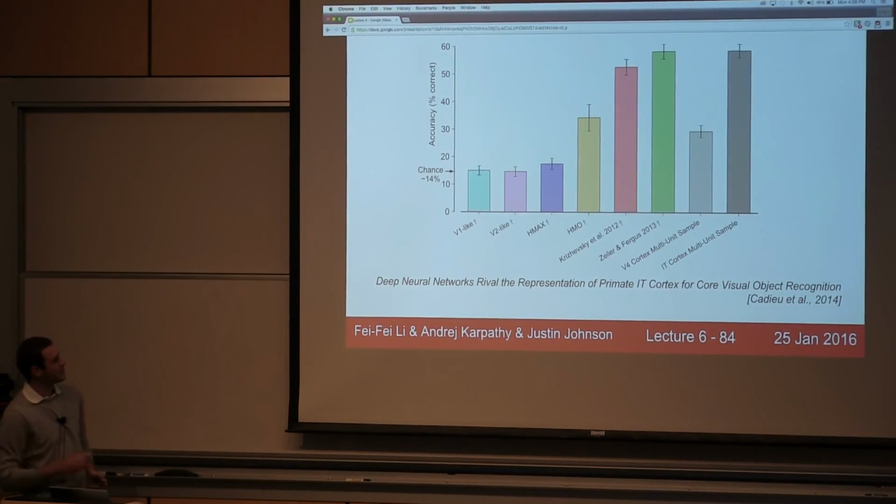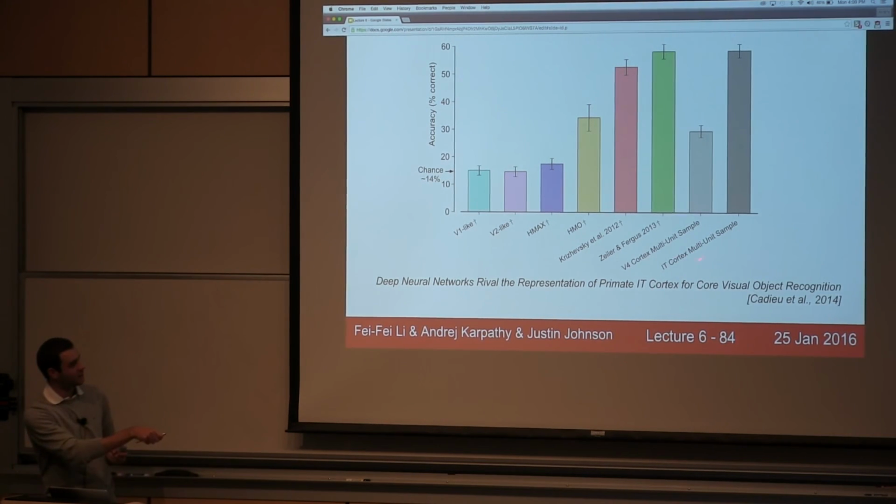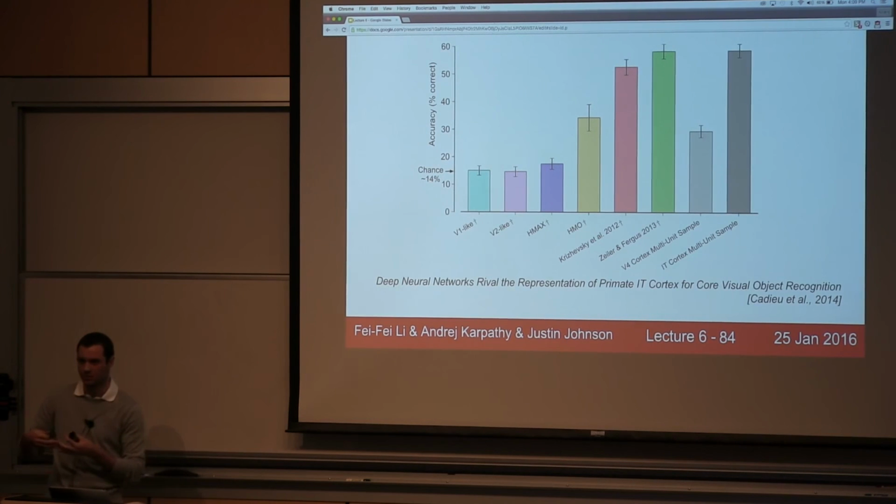I also wanted to point out something interesting: there's this paper called Deep Neural Networks Rival Representation of Primate IT Cortex for Core Visual Recognition. What they did here is look at, I think, a macaque monkey, and record from the IT cortex. They record the neural activations as the monkey is looking at images, and then they fed the same images to a convolutional neural network.